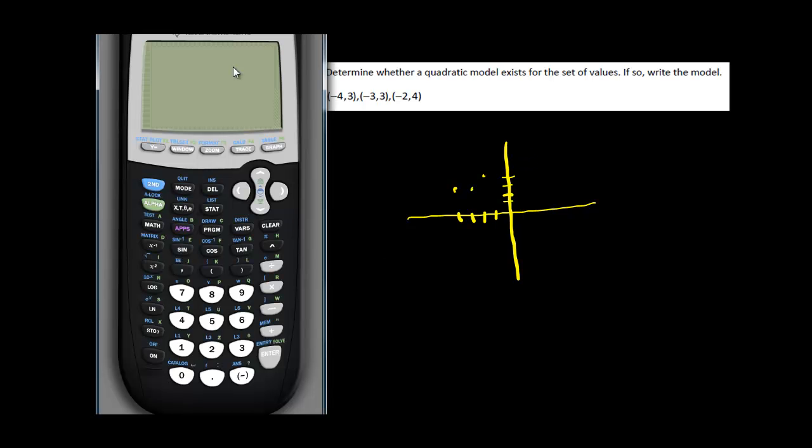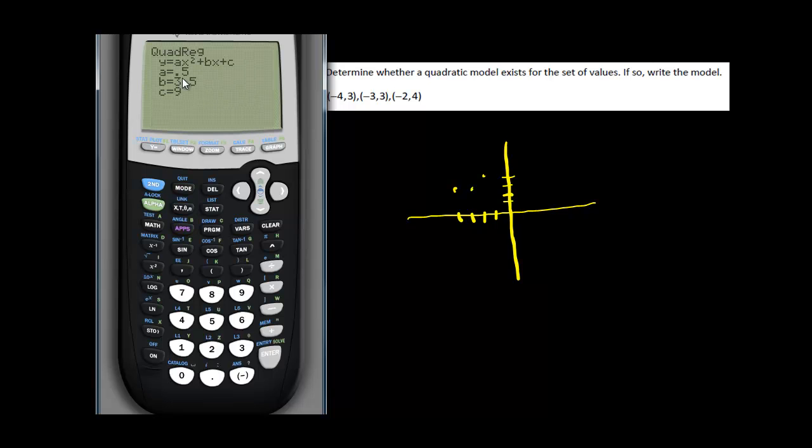So let's get the calculator out. Let's do stat edit. Let's clear out our old numbers, if you have any, and enter the L1: -4, -3, -2. L2 is going to be 3, 3, and 4. Hit stat, calc, 5, enter.